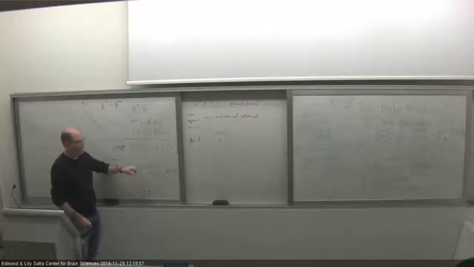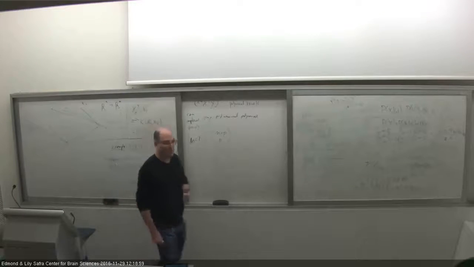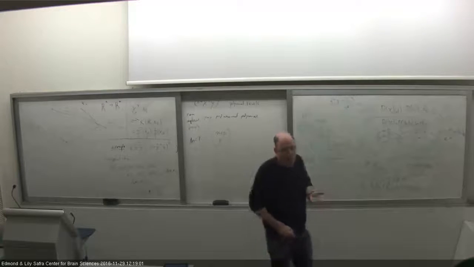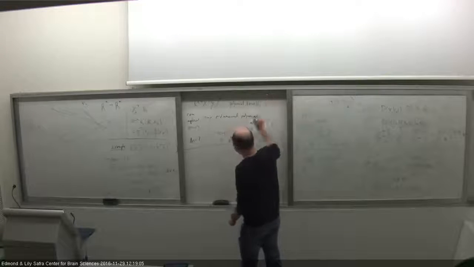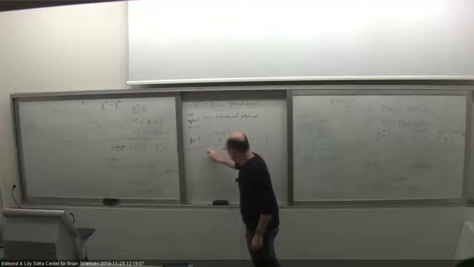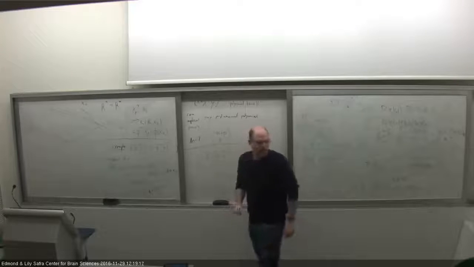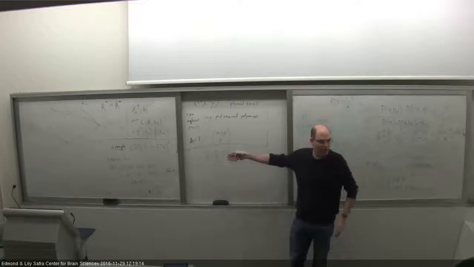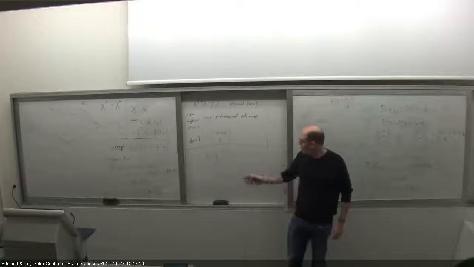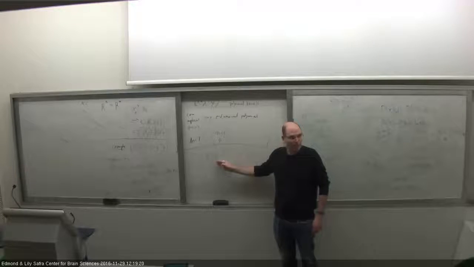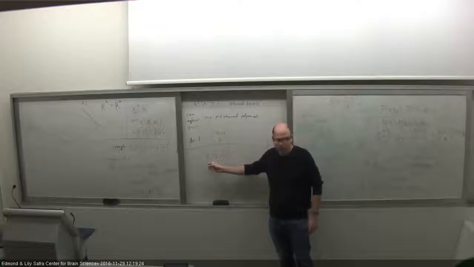But now this really leads to another question. Can I just decide on some k of x and y as I wish, and will it correspond to some dot product in some higher dimensional space? There are some properties that k has to fulfill in order to be a dot product.